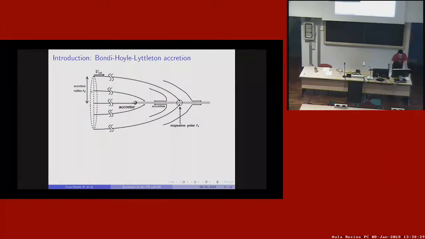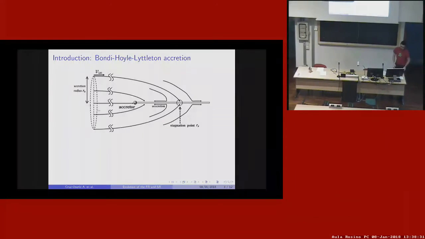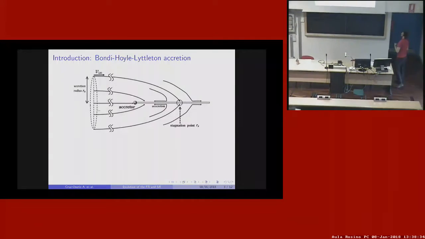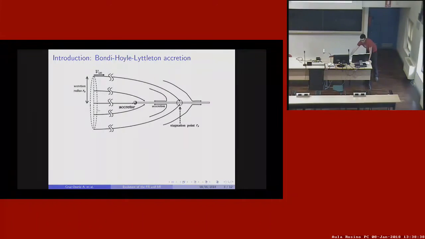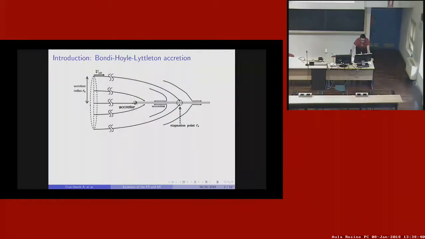uniformly distributed gas here that flows past the gravitating body represented by the accretor here, and the gas is attracted by the gravity of the central body.